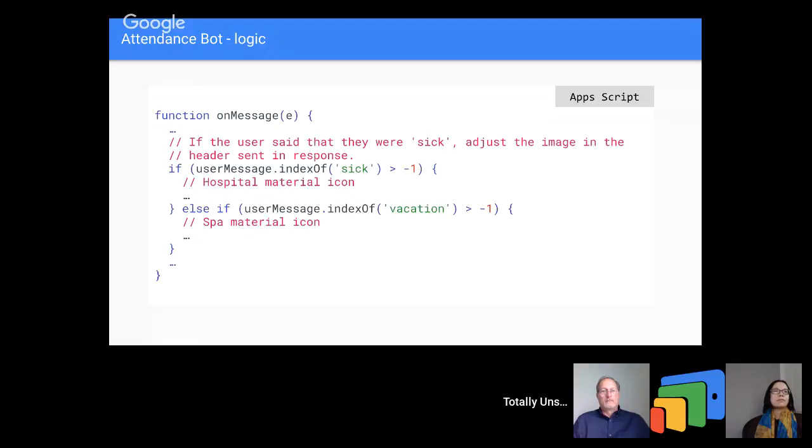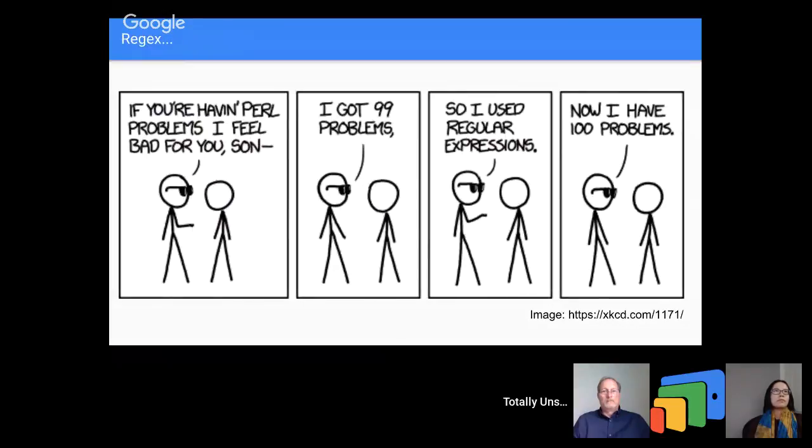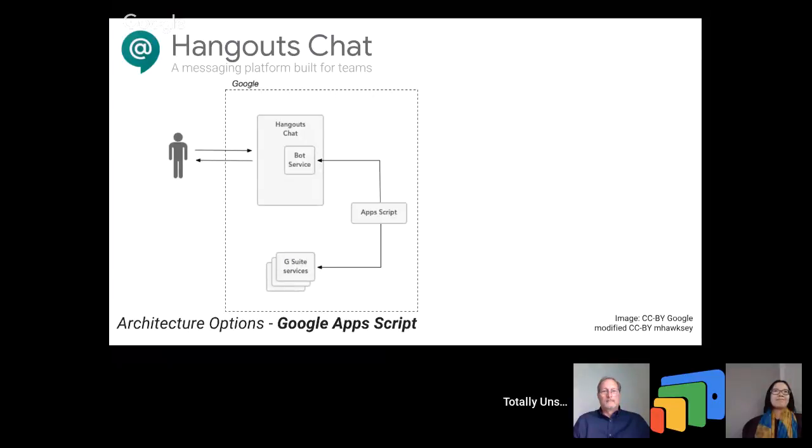If it doesn't see the word sick or it doesn't see the word vacation, it's lost. There's some programming you can do to ask the user to confirm their choices, but another option is, rather than busting your brain on a ton of regex expressions, you can actually integrate with other services.